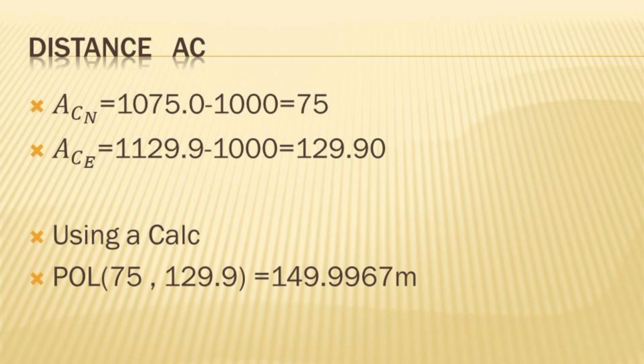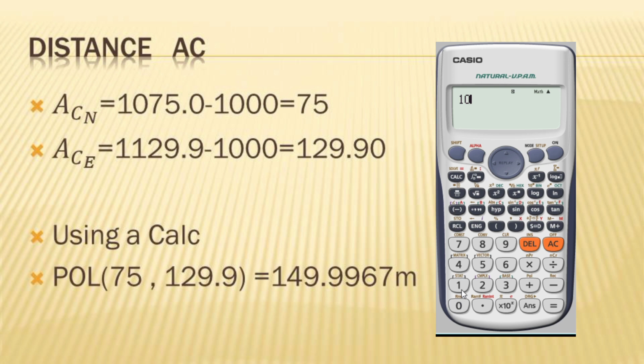Then also the difference in the easting, there we subtract, and that is 1129.9 minus 1000. There we have 129.9. Those are the two differences that I'm going to use.